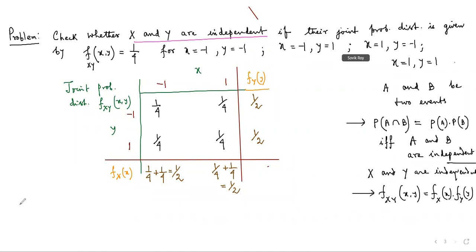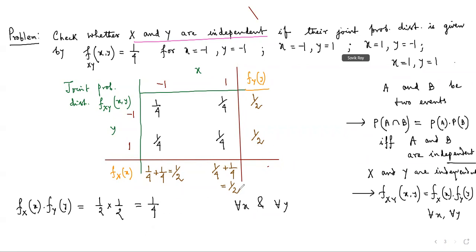Now you see, if I take the product of these two, carefully observe, since all the points in this matrix are same, for all x and for all y, if I consider this product, we will get half into half. This must happen for all x and for all y. Then only we will say that the two random variables are independent of one another. So f of x into f of y gives you half into half for all x and for all y, which is 1/4.